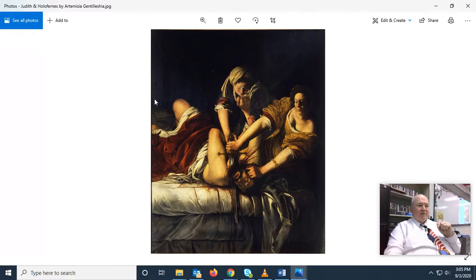Item 2. Artemisia Gentileschi was a female, Italian female, and it was very, very rare for females to get into the arts. But this young lady, her father was an artist, and she really, really stayed after her father. And her father finally relented and said, "Okay, I'll let you train with an artist."